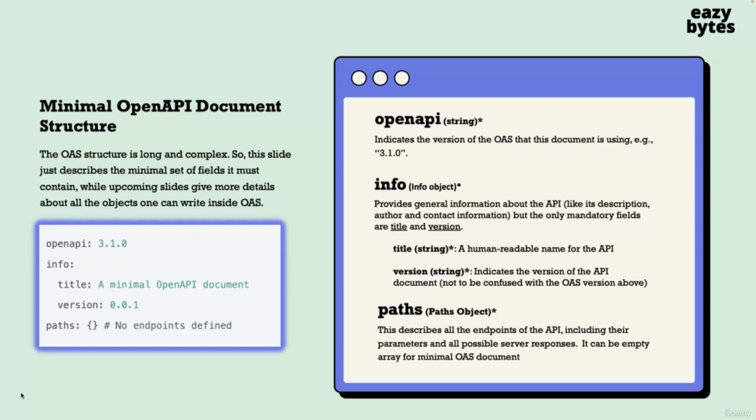Inside that info object, two sub elements are mandatory. The very first one is title. Title is something like a quick summary that you want to provide for your APIs. If someone wants to understand the purpose of your APIs, you can mention that description inside the title. The next is version. Under the version, you can mention the version of your APIs.